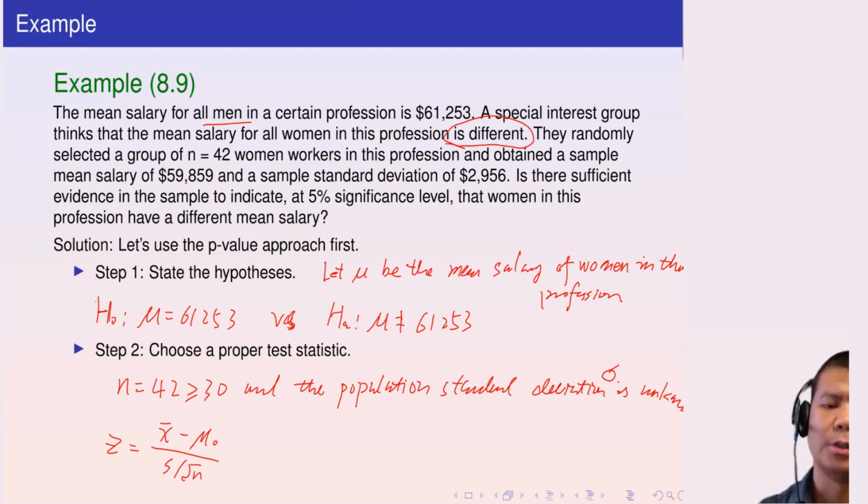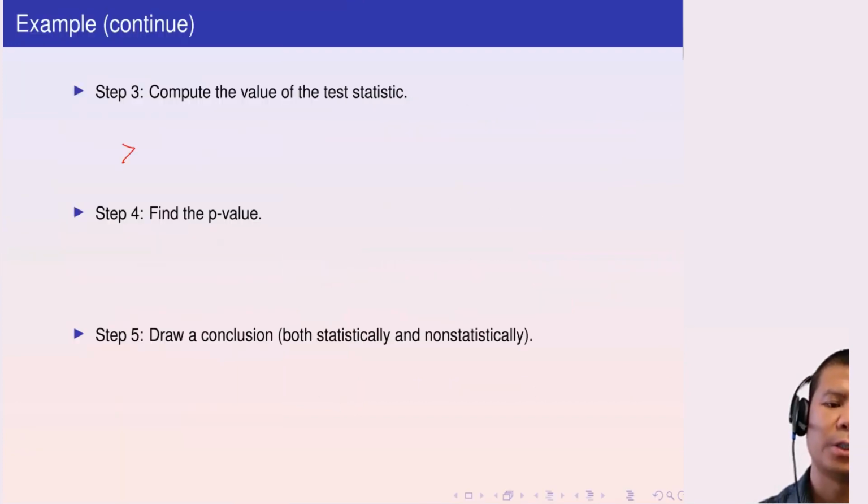Okay, so now calculate the value. z equals x bar minus mu 0 over s over square root of n.